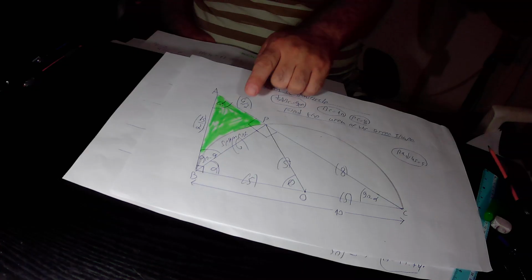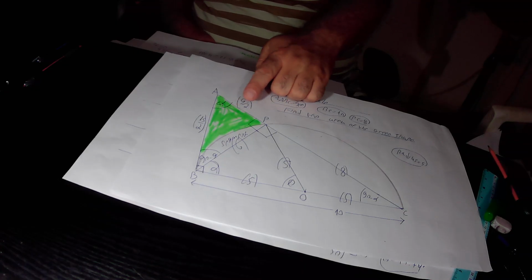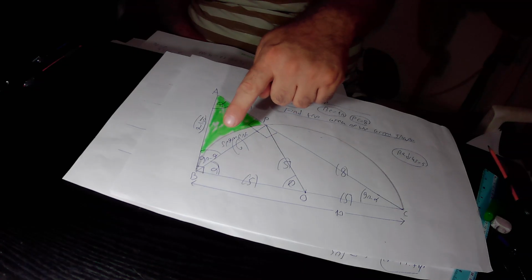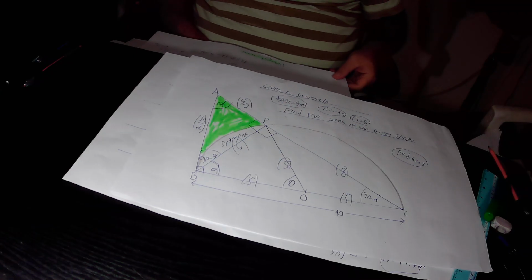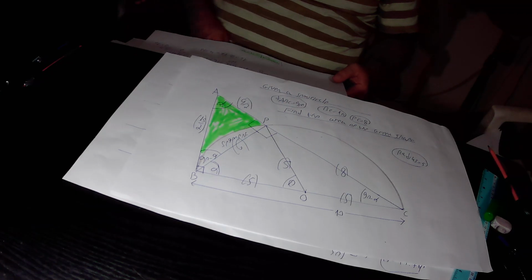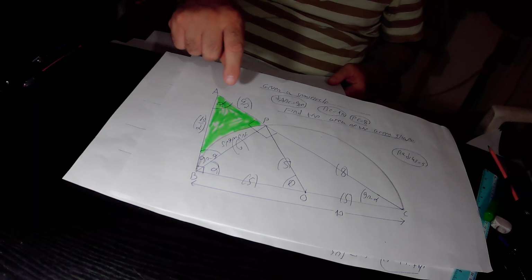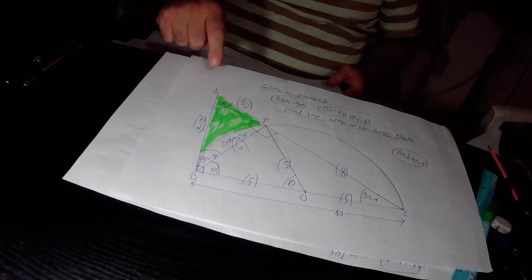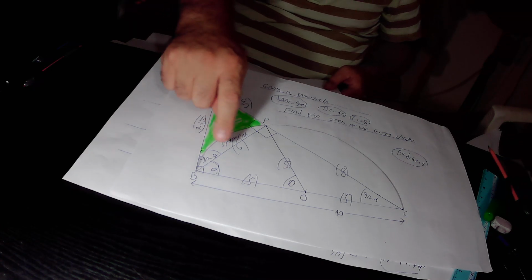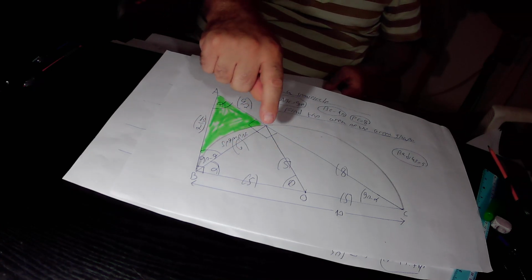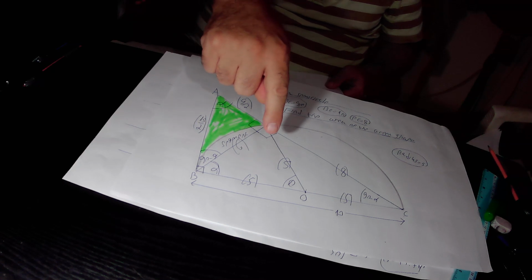In order to find the area of this green shape, we have to find the size of segment BP. What is the size of segment BP? From the drawing it is very easy to see that the size of segment BP is equal to the size of sector PBO minus the size of triangle PBO.